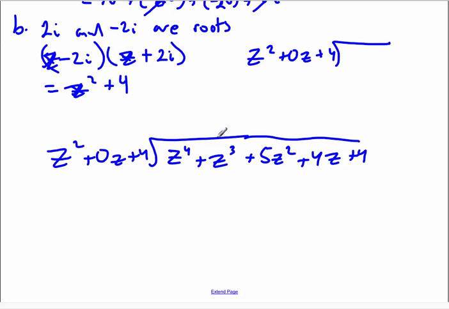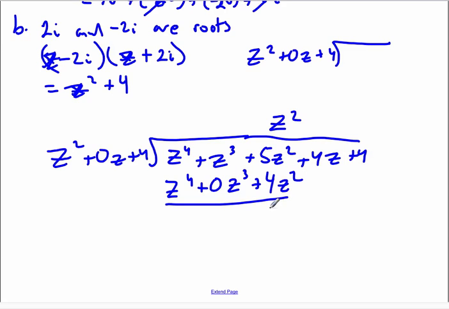Okay, so we'll work that out. We're going to need a z squared here. So we're going to do z squared times that gives me z to the power 4 plus 0z to the power 3 plus 4z squared, and subtract.